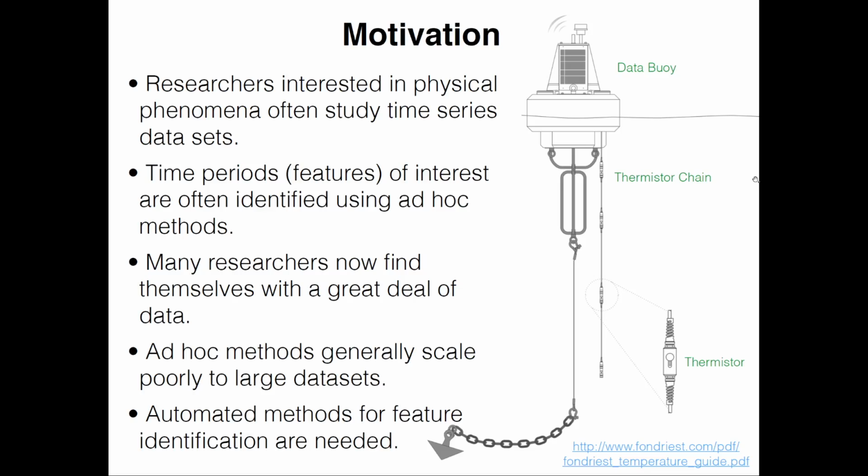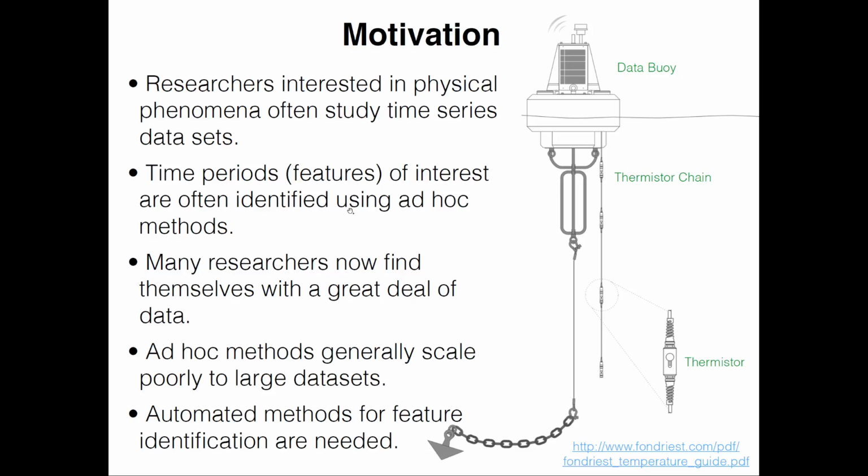And then you go back and you get the data buoy and you take your time series data set, and then you go through and you look for time periods, which we'll call features, time periods of interest, and identify any time when something interesting was happening.